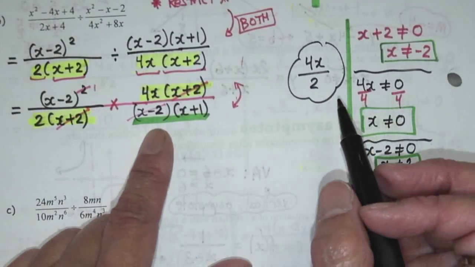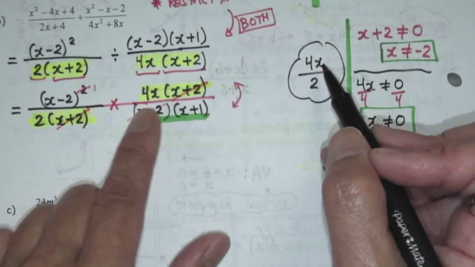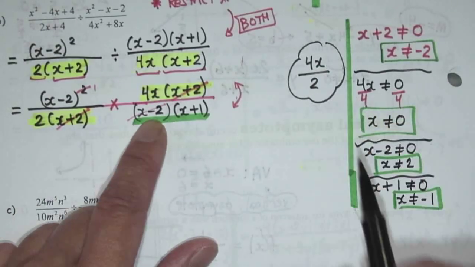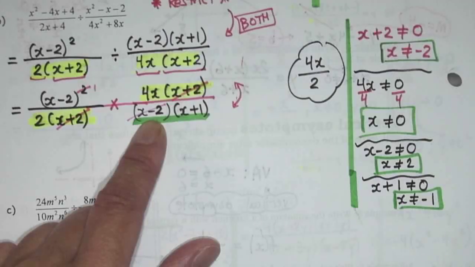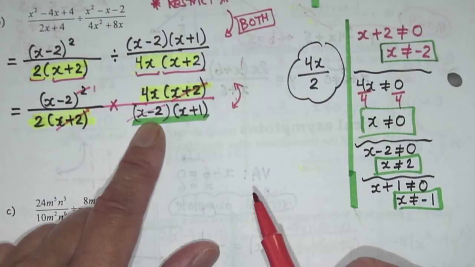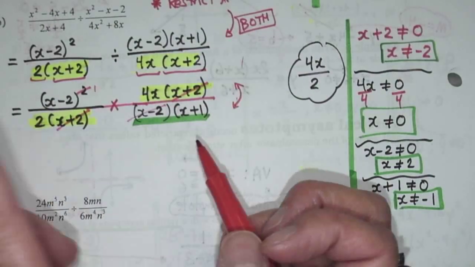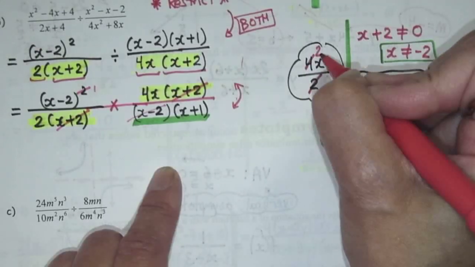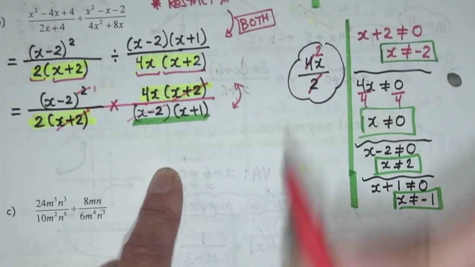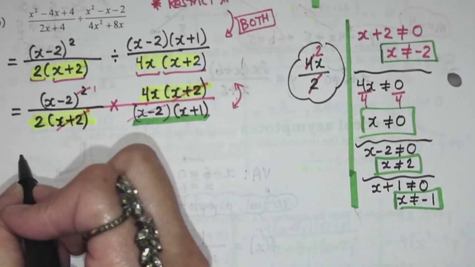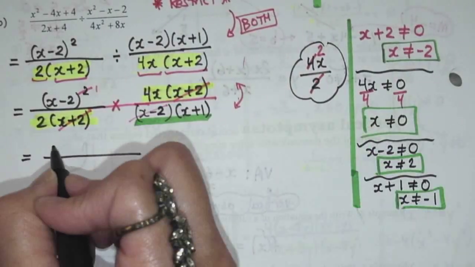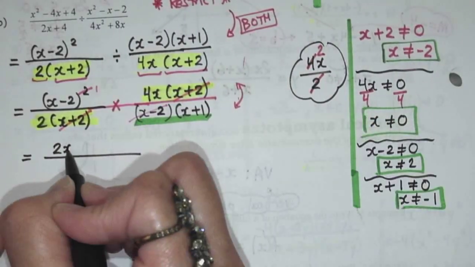Sometimes that helps you focus, then simplify it there, and put it back at the end. Sometimes it's so spaced out, it feels weird. So that would cancel. This would be 2, so that's 2x on the top. You don't have to do that, but if it helps you, then know that you've got a 2x on the top.